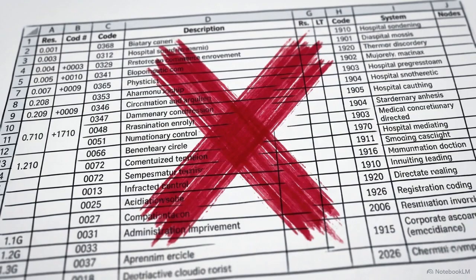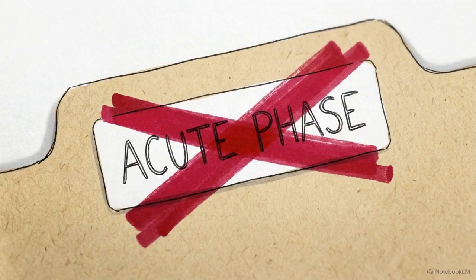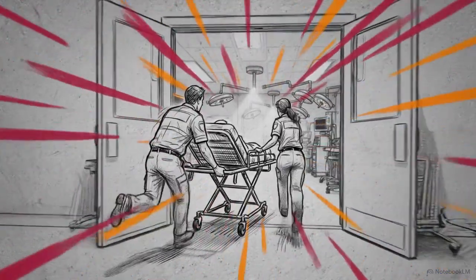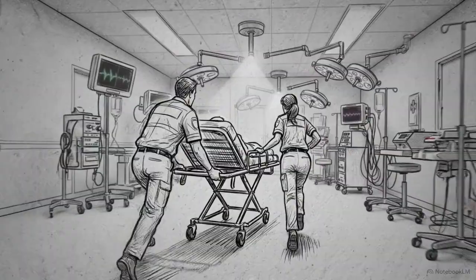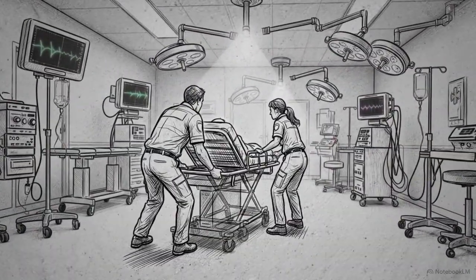One of the most common errors in sequela reporting is the use of the original acute condition code. You must not assign the code for the original acute illness or injury once that acute phase has ended. Assigning an acute code suggests the patient is currently in the crisis phase of a trauma, which is clinically inaccurate for a sequela case.